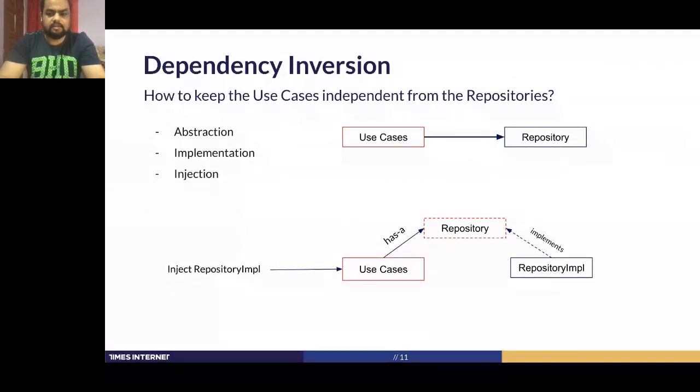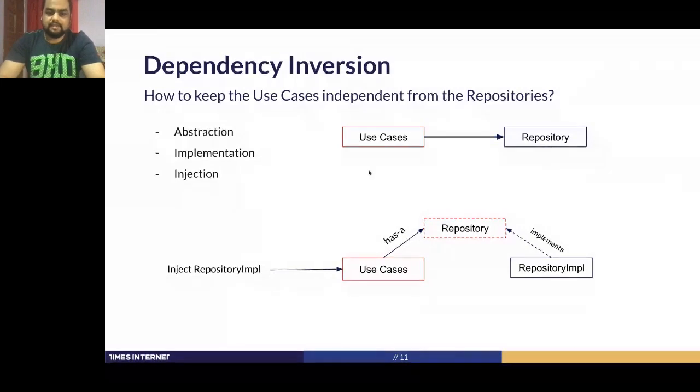Later on, you want something else to be the source of truth for that particular data. You want to replace it. How will you do it? You will directly go and modify the use case, right? Because the use case is directly coupled to the repository, and inside the repository, the implementation gets changed.